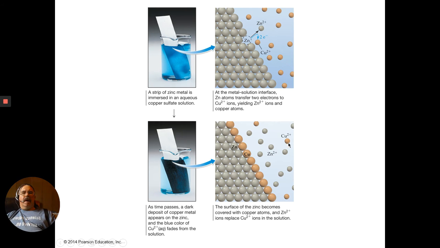The copper 2 ions, which are in solution, then accept these 2 electrons and deposit out as copper atoms. As time passes, we'll see a deposit of copper metal, and we'll also see a fading of the blue color of the solution since zinc ions are colorless.